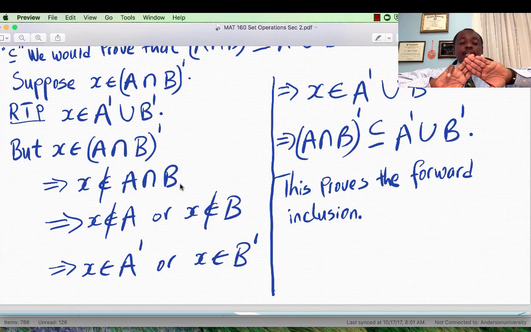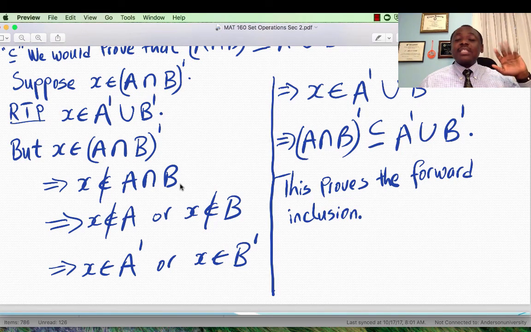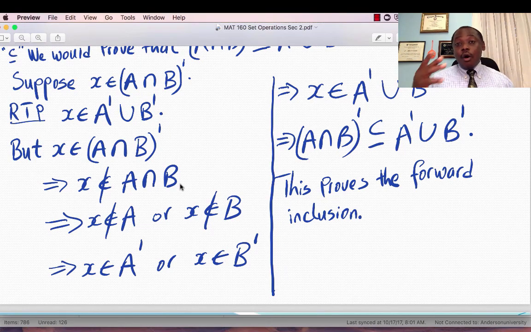If X is not in this intersection, it means X is either missing from A or X is missing from B. Why is it not and? Because it's possible that X could be in A, but X is not in A intersection B. Or X could be in B, but X is not in A intersection B. So if X is not in A intersection B, it implies that X is not in A or X is not in B. This doesn't translate as and, it translates as or.